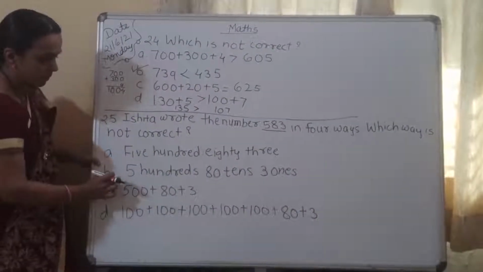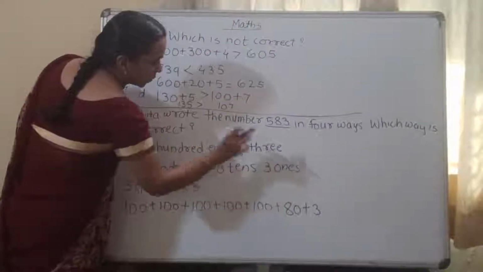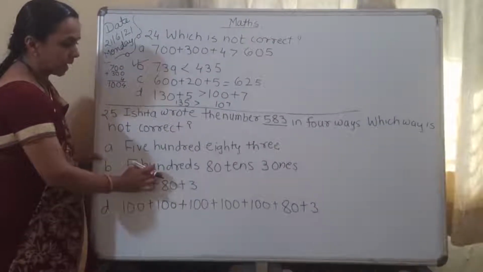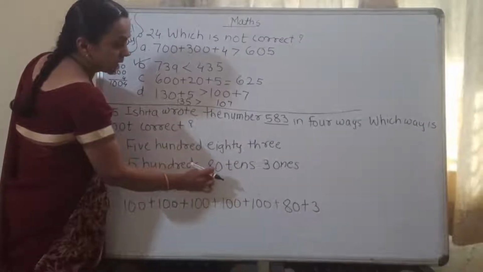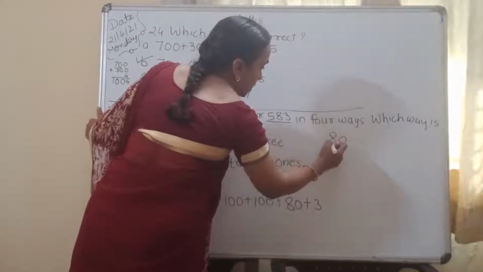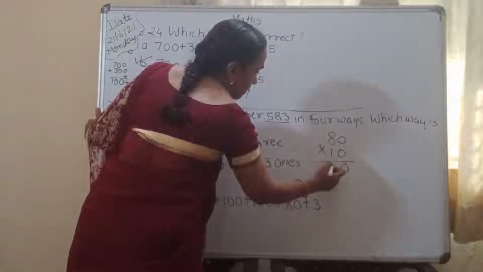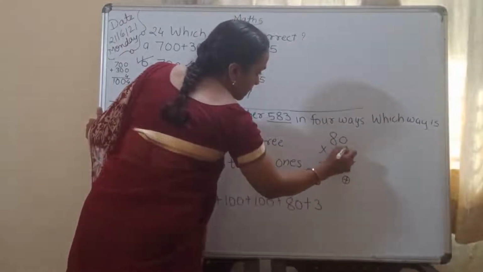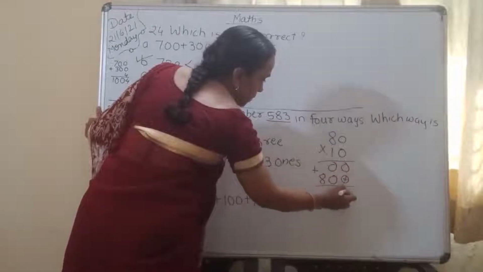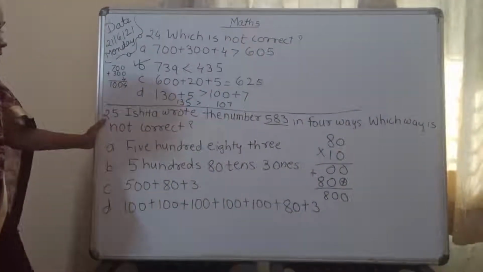Now see B option. 5 hundreds, 80 tens, 3 ones. See 500. Okay, this is right. But 80 tens. 80 tens means how much? 80 multiplied by 10. 0 multiplied by 0 is 0, 0 multiplied by 8 is 0, 1 multiplied by 0 is 0, 1 multiplied by 8 is 8. That gives 800.